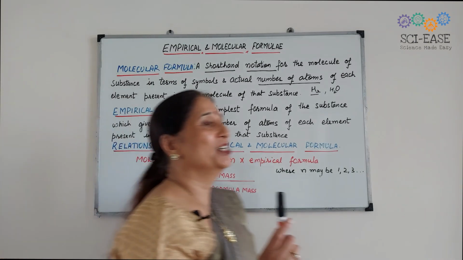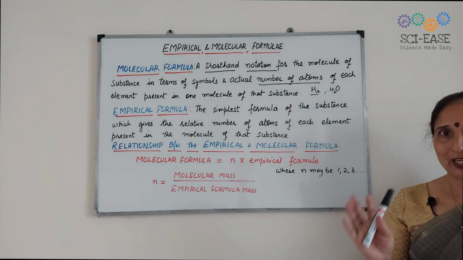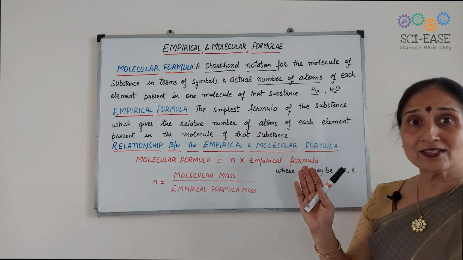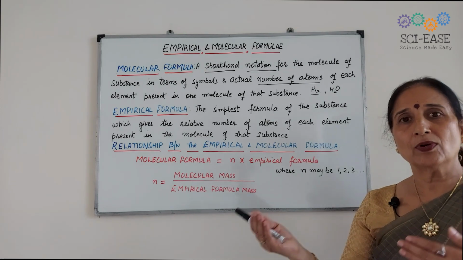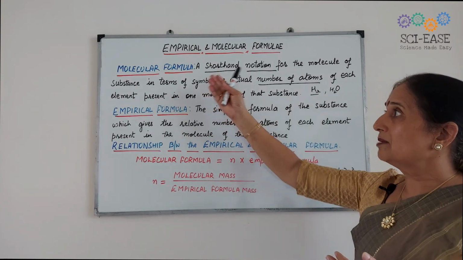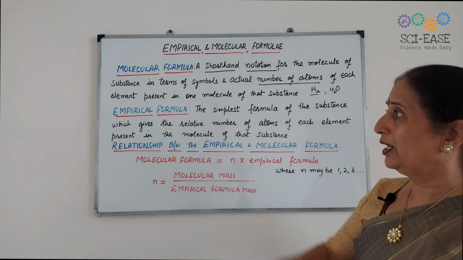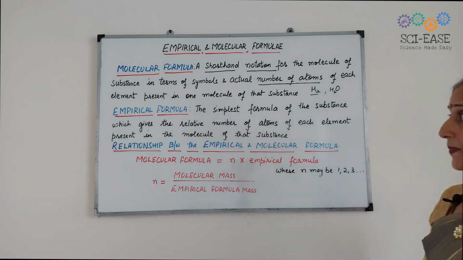So this is the molecular formula. I think this is clear to all of you. You have read about what molecule is, what atom is. Now come to the terms molecular formula and empirical formula.